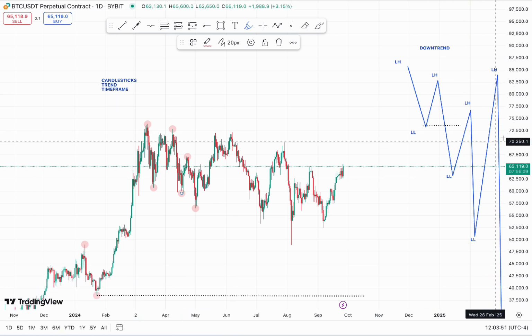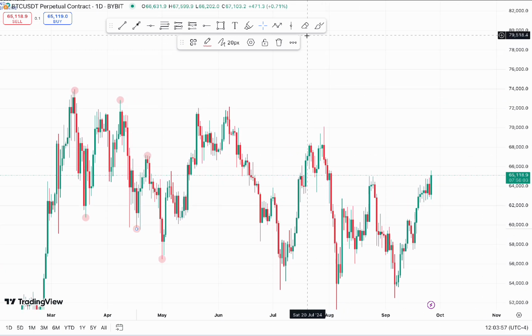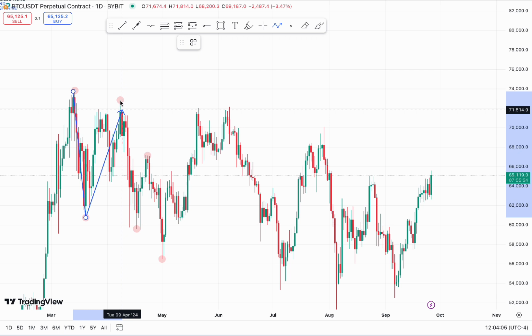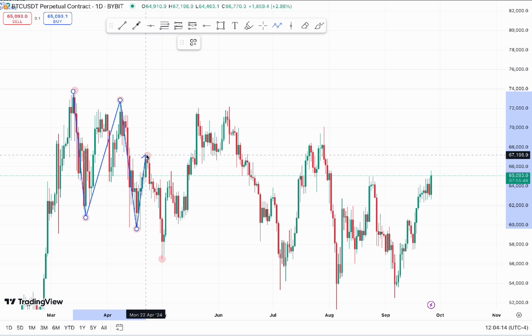So now let's look at these areas properly. Here we can see the last lower low, lower high, to the lower low, to the lower high, to the lower low. We said a downtrend is a trend where there is a lower high, lower low, lower high, lower low, then this is the lower high.